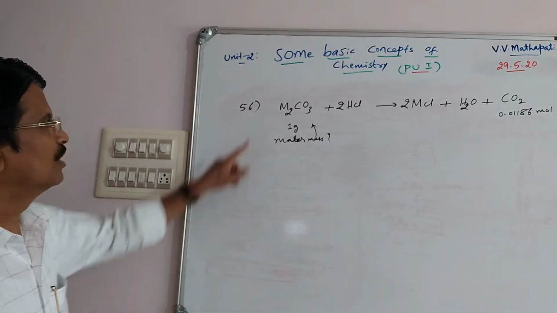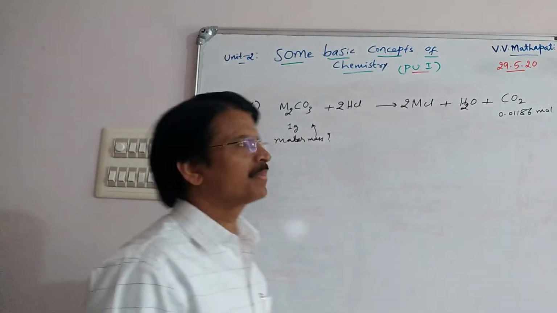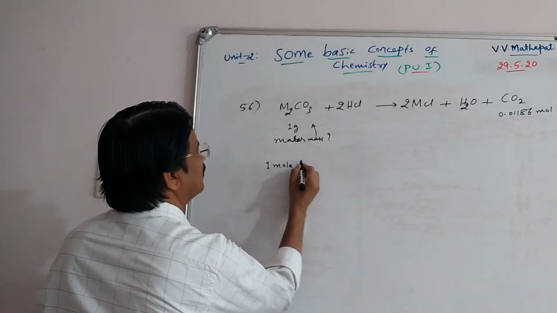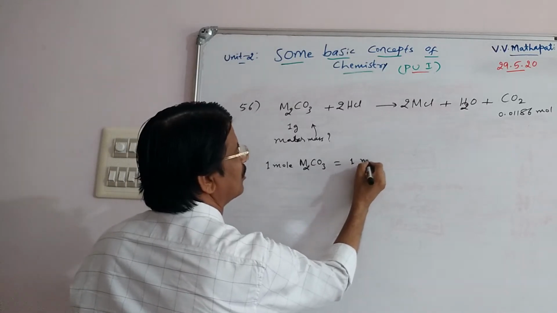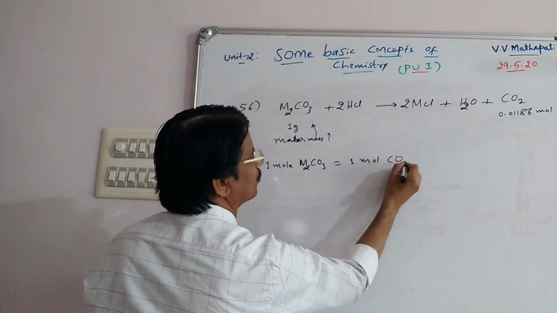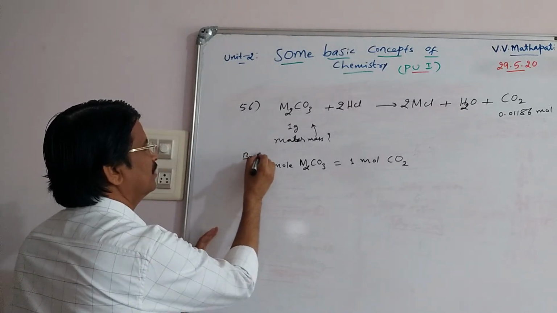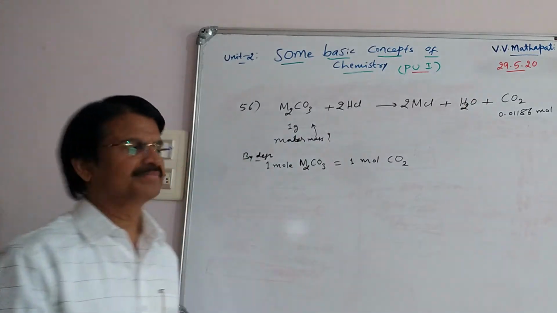Okay, 1 mole gives 1 mole. 1 mole M2CO3 equals 1 mole CO2. This is the theory, by definition or by the equation I have written.